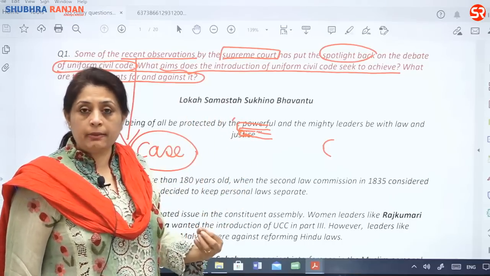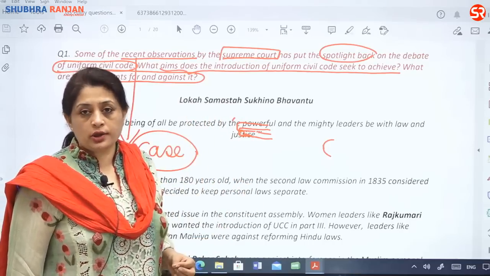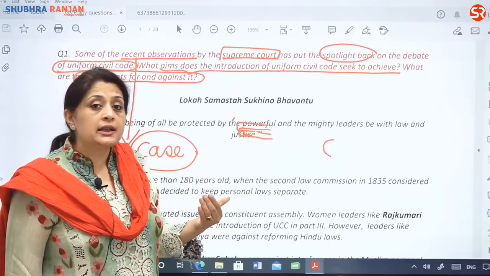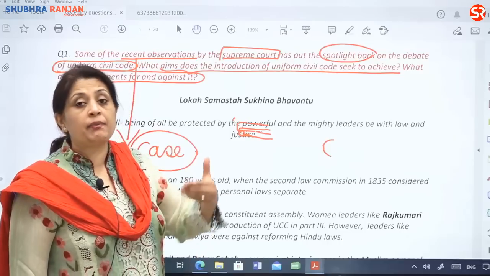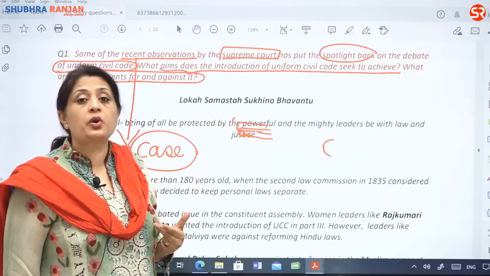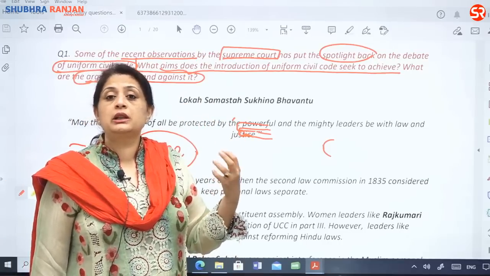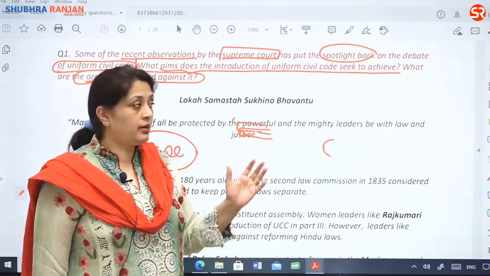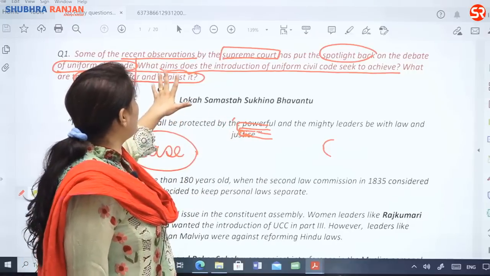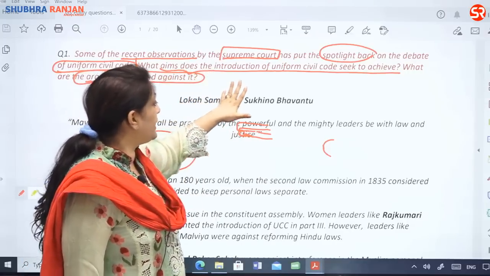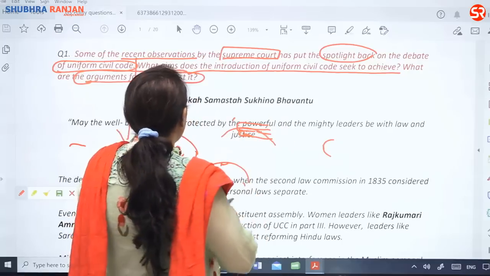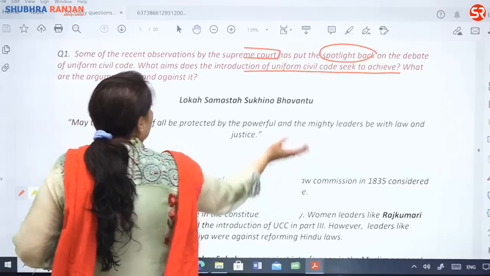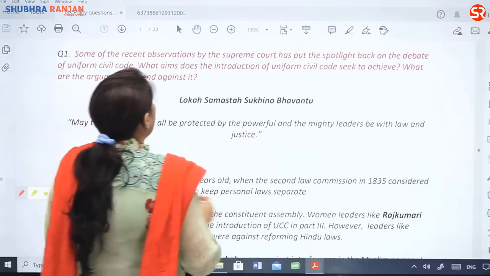So the earlier debate we will trace to the Constituent Assembly, then in a big way in the 80s when the Shah Bano judgment came. Then we will have to write some important cases, for example the Sarla Mudgal case, Shah Bano case, Triple Talaq case. Fine. And then what are the aims? Whenever we have to write an answer, we first do one thing in the rough work.